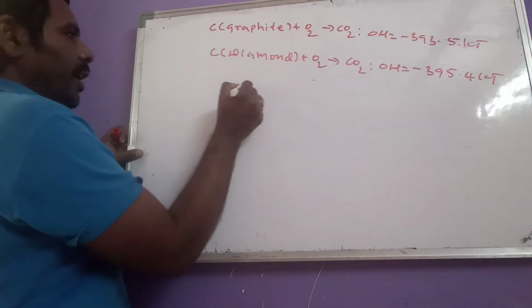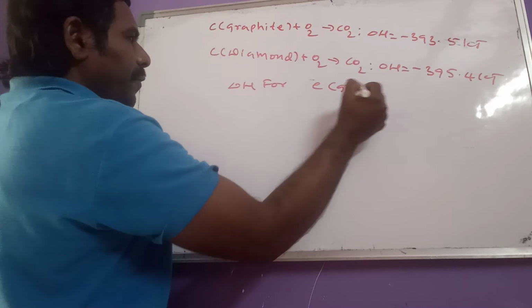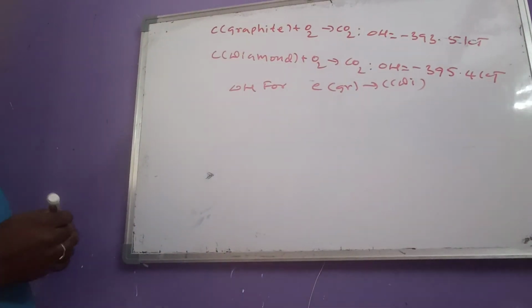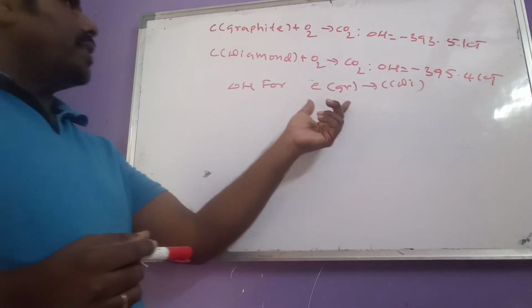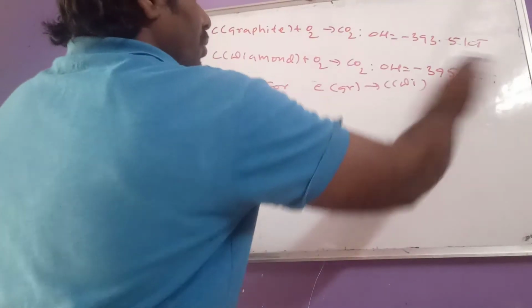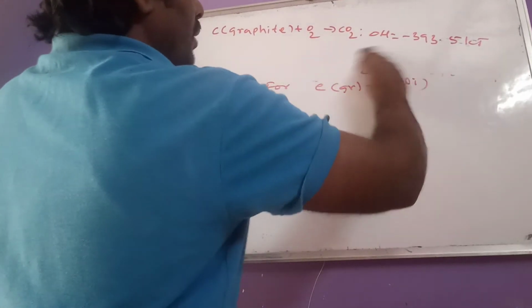Now, what is delta H for C graphite gives C diamond? So this is the question. What is delta H for C graphite gives C diamond? So we have to calculate that one here. So how to solve this question?